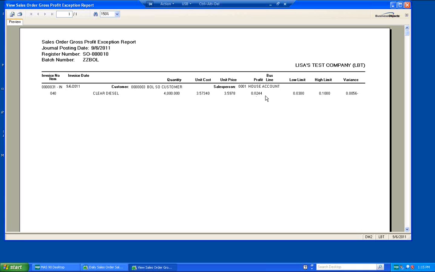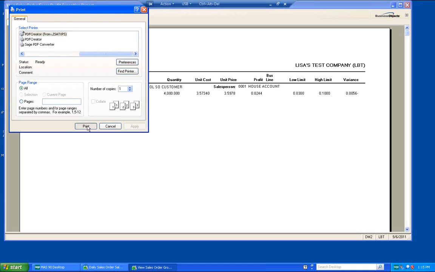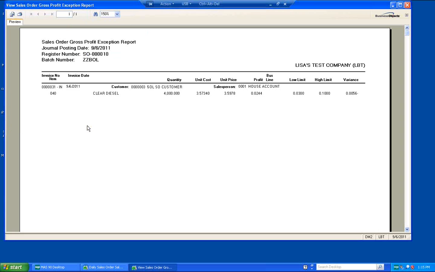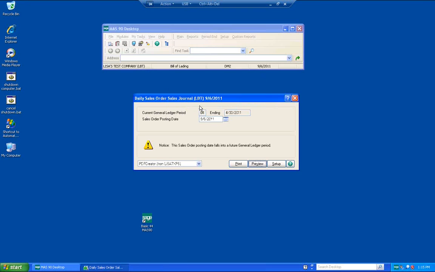He's only getting a profit of 2 cents, and it is below the limit. So he could stop right here if he was paying attention, but he's not. So he goes on, and he prints the gross profit journal.